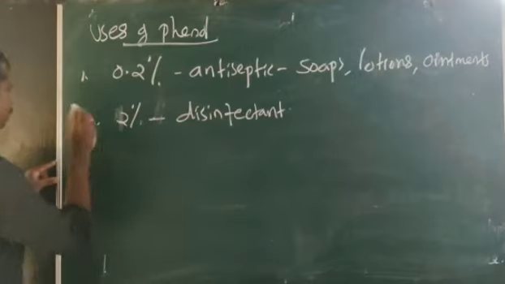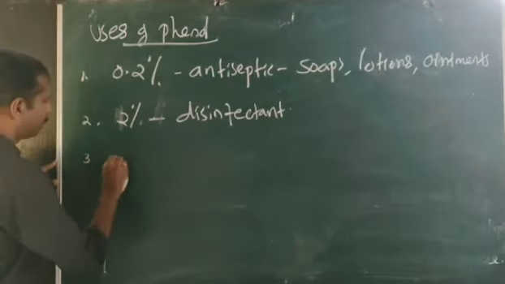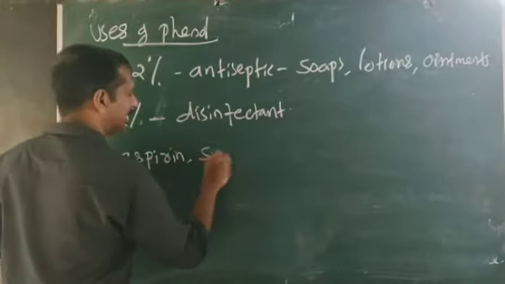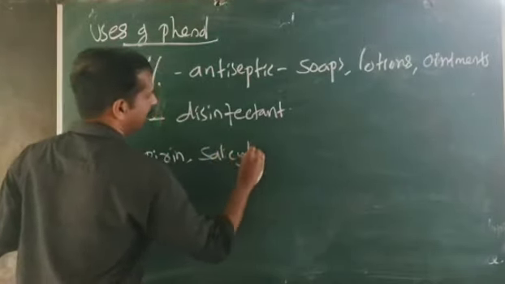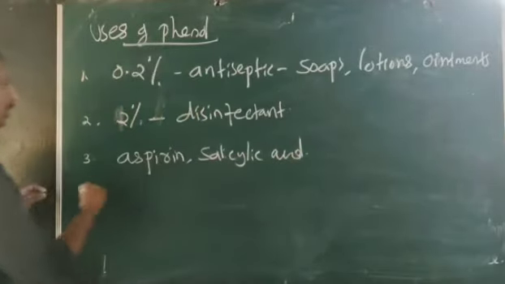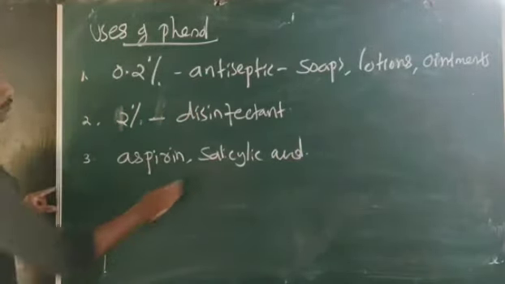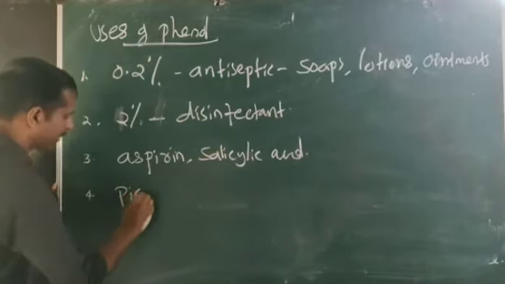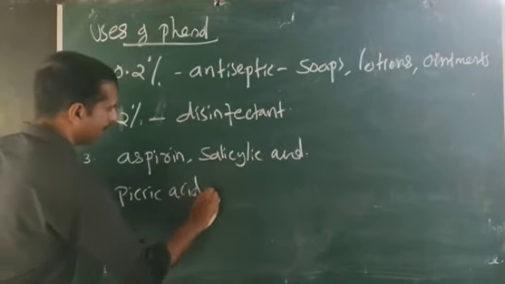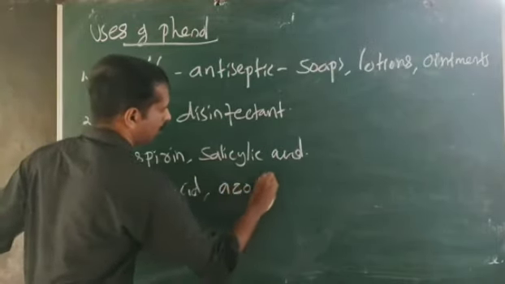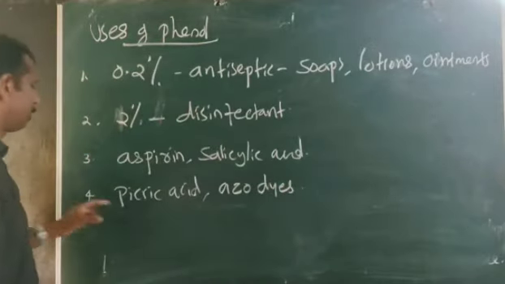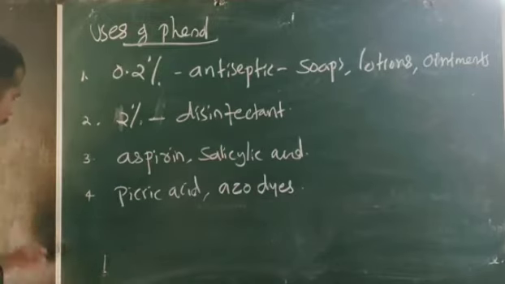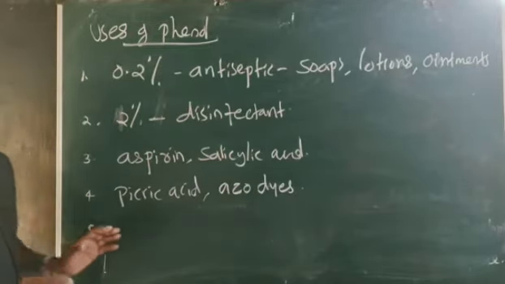And third one, it is used for the preparation of aspirin and salicylic acid that we have studied. Then next one, it is used for the making of the explosive picric acid, and azo dyes, etc. And of course, you might have studied phenol formaldehyde resin.